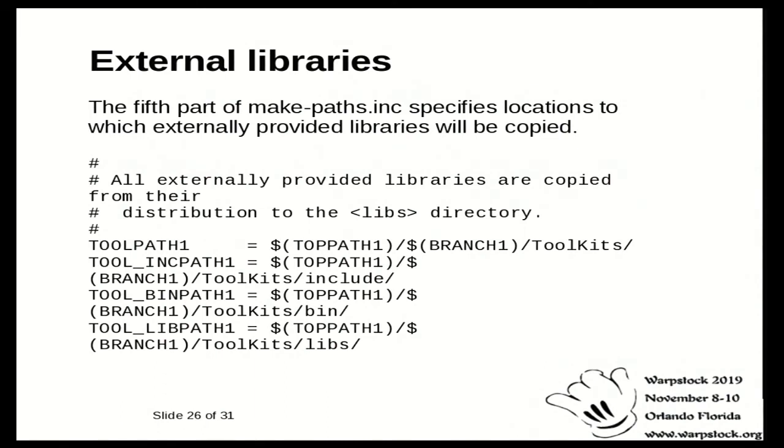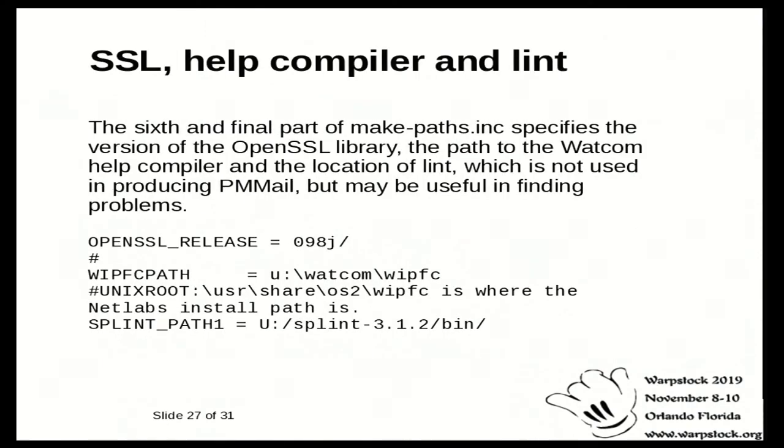But you have to set that up. IPFC, OpenSSL, how we do our version of SSL. PMMail definitely needs work on SSL and TLS, but I'm not going to do it. I'm not competent to do it.